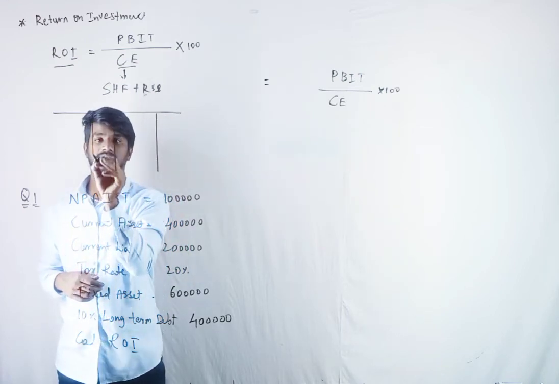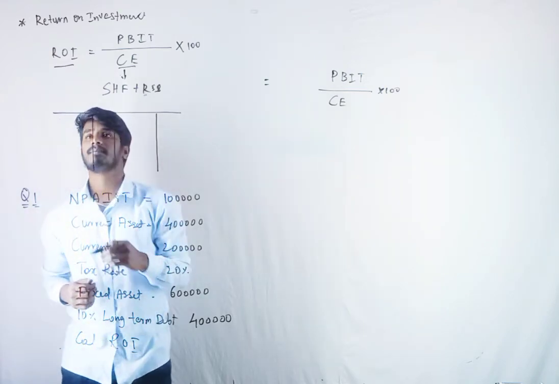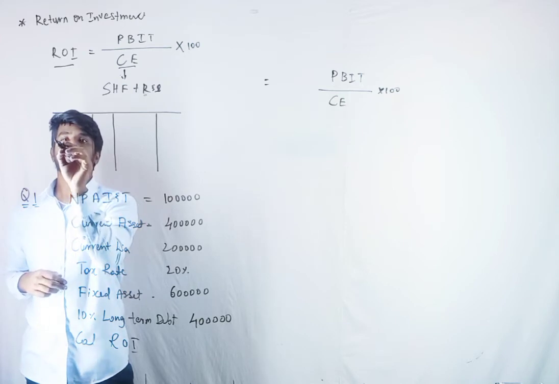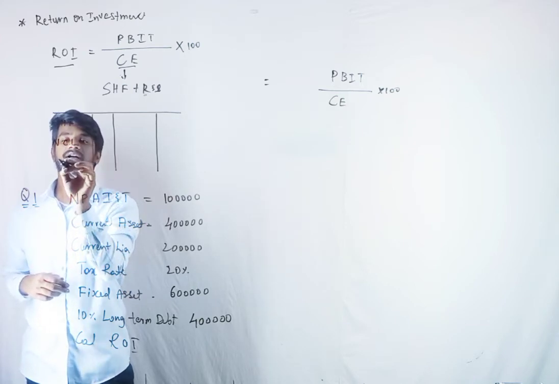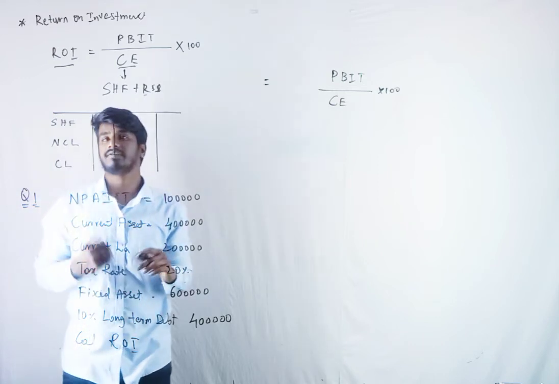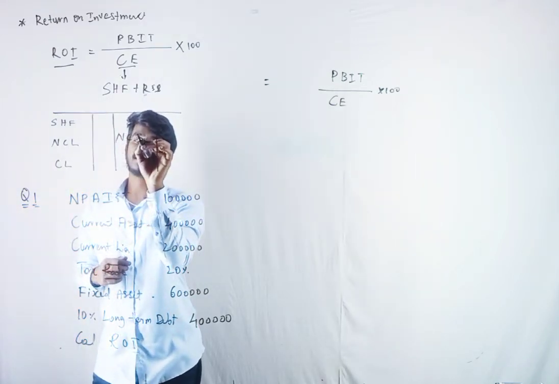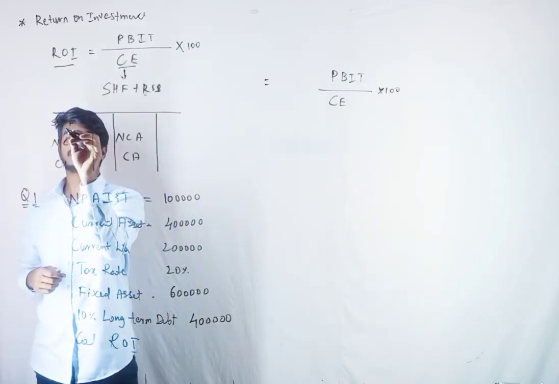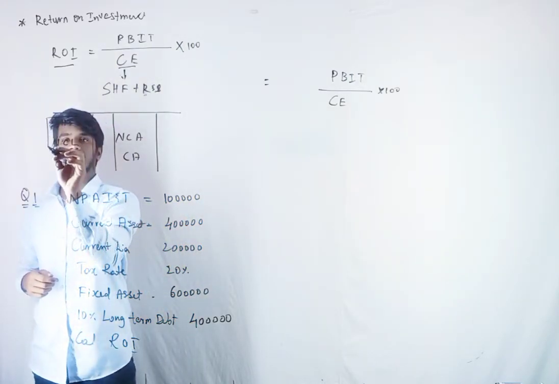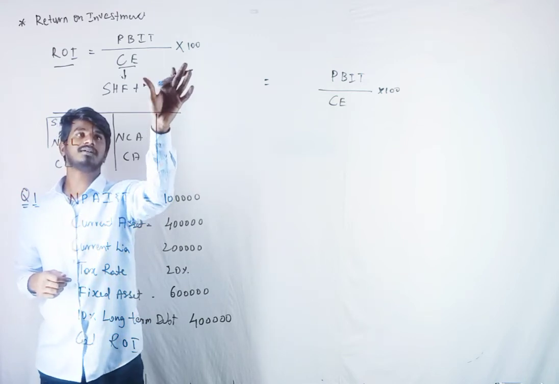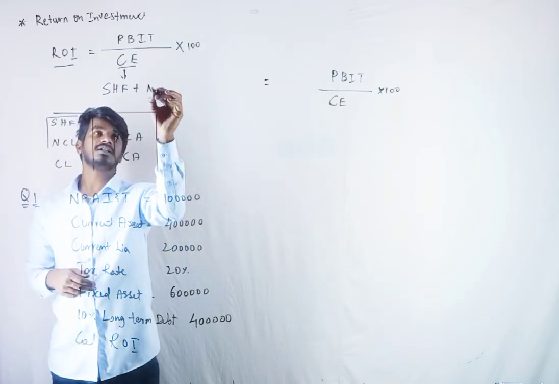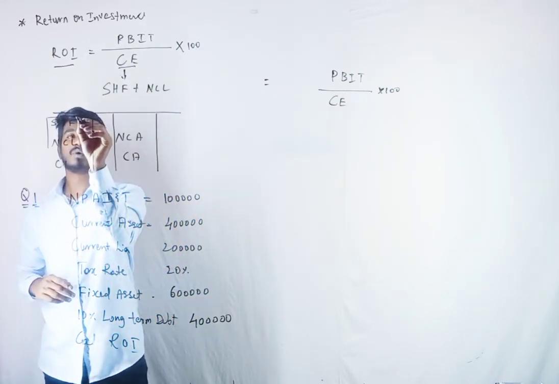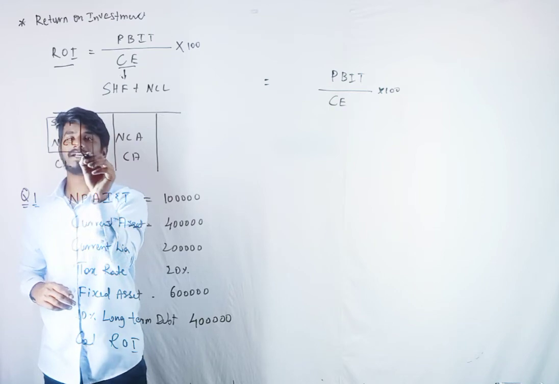In the balance sheet we have shareholders fund, non-current liability and current liability, non-current asset, current asset. One way is shareholders fund plus non-current liabilities, adding these both.